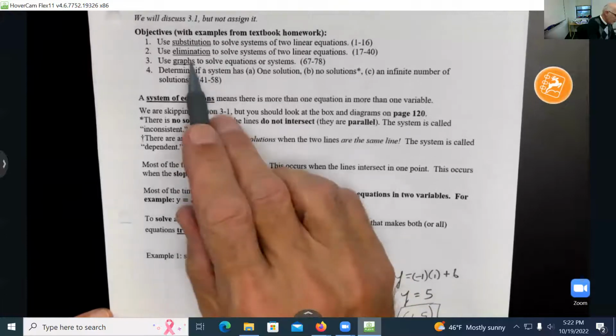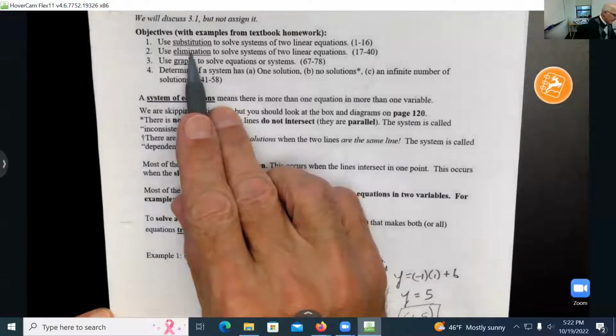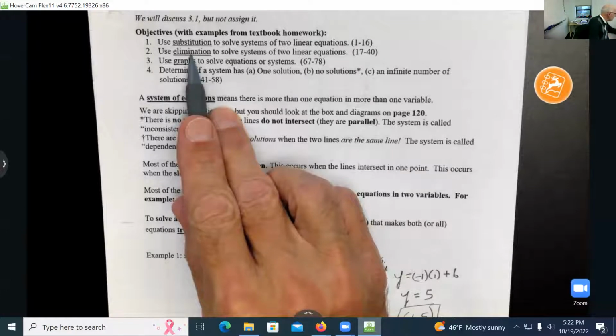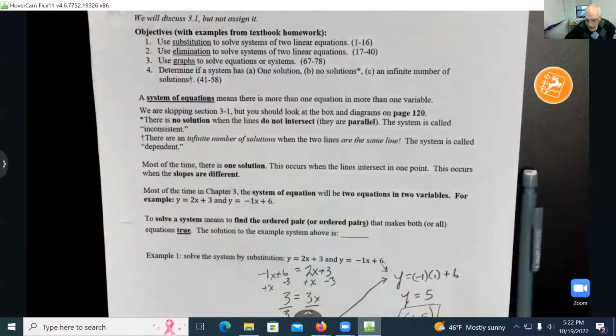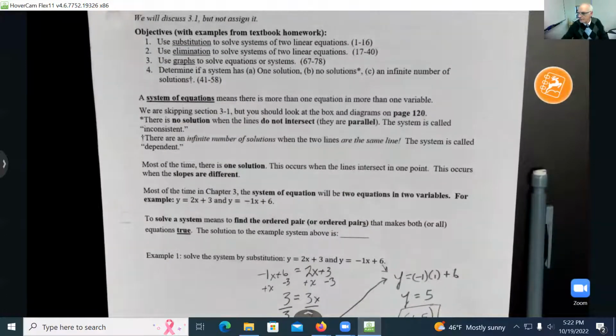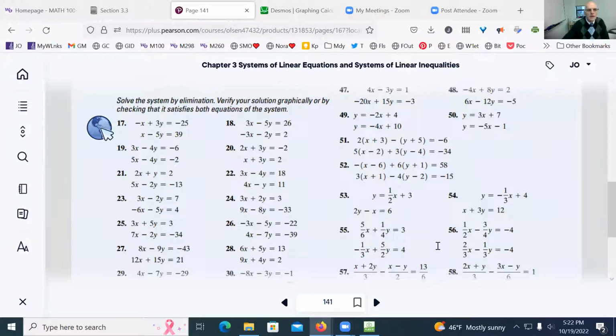Now I would like to do some examples of elimination. We're going to begin with number 20. So let's switch over to the book. The directions here are to solve the system by elimination and verify your solution.